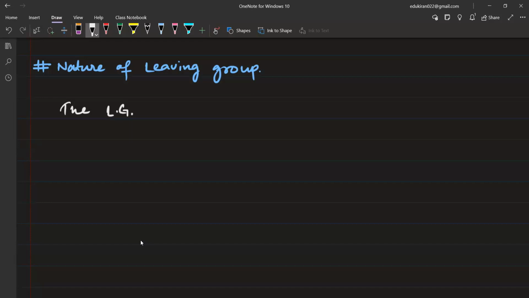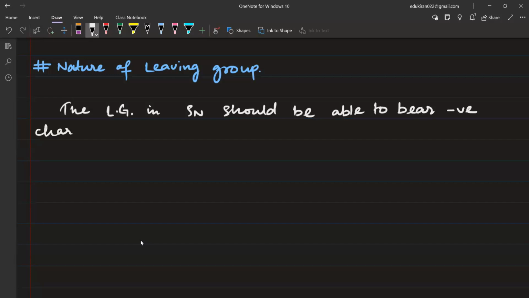LG is leaving group in SN. Should be able to bear negative charge. है ना, क्या होना चाहिए, नेगेटिव चार्ज वो होल्ड कर सके. That's the first point. So negative charge can be held by larger atoms because they have a large surface area.